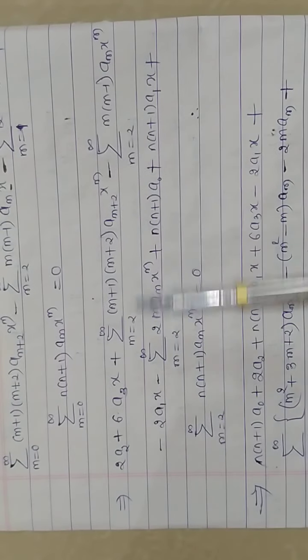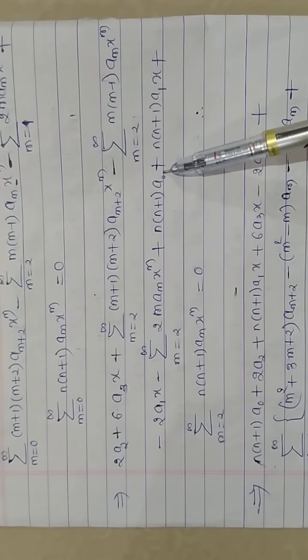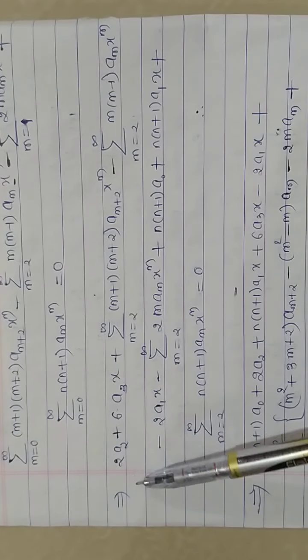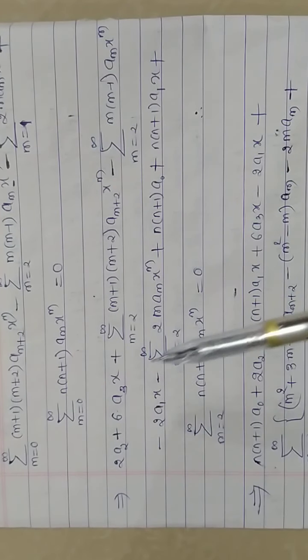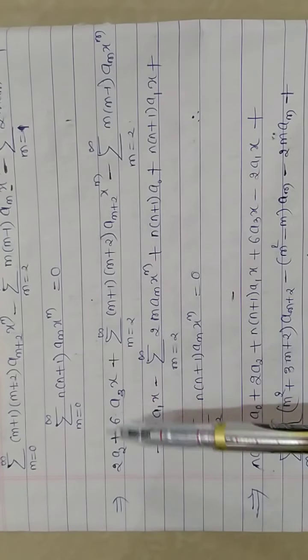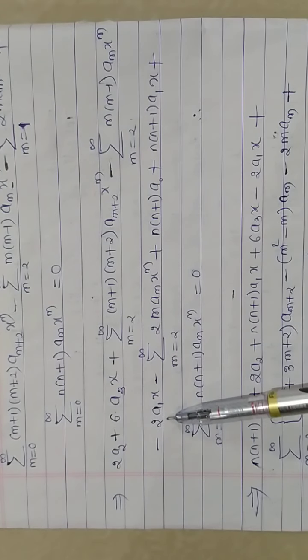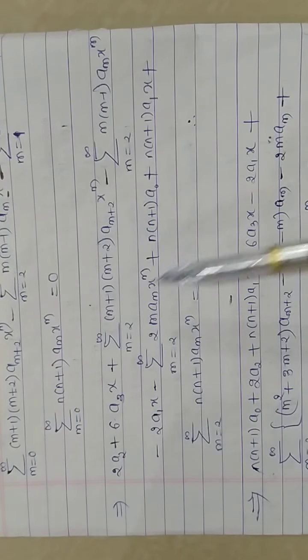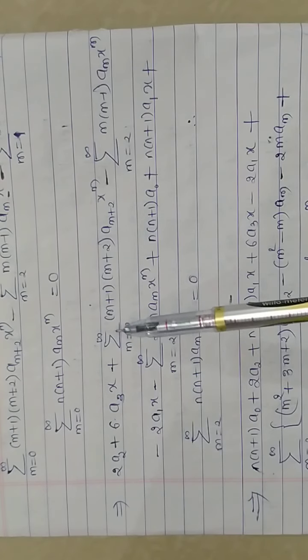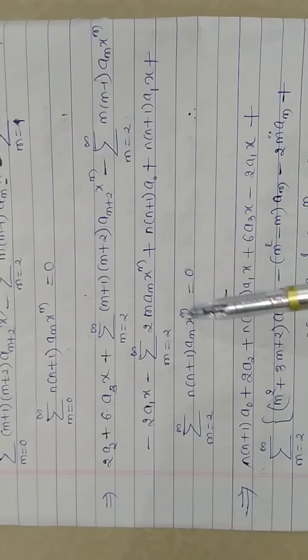So I will write first the a naught value. So I have here n into n plus 1 a naught, plus 2a2, plus n into n plus 1 a1x, plus 6a3x, minus 2a1x, plus I will write all the summation m = 2 to infinity on one side, and similarly all the coefficients as x raised to m.